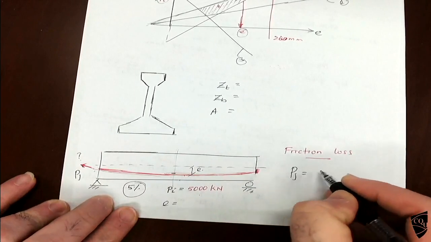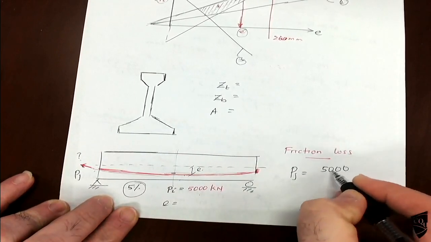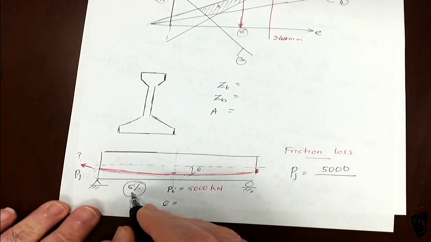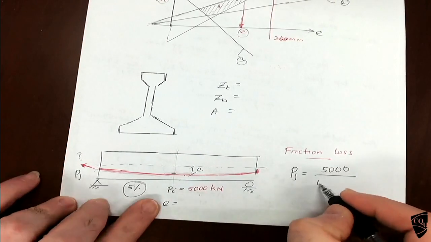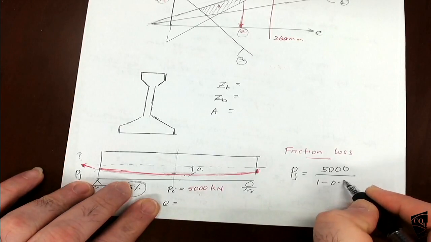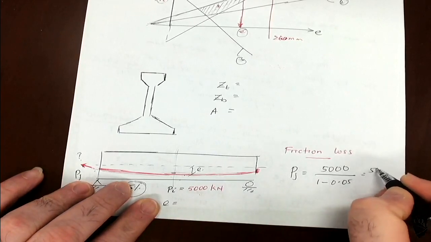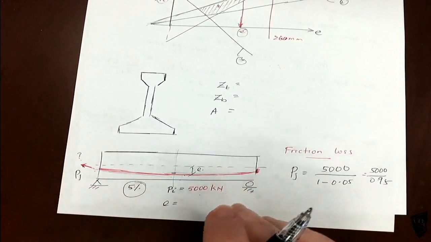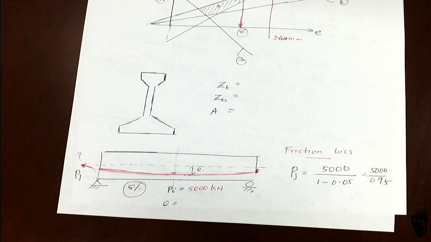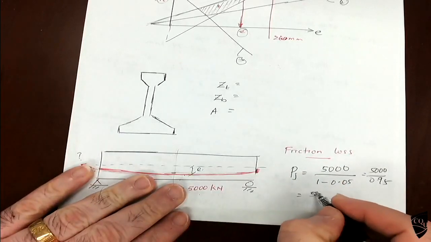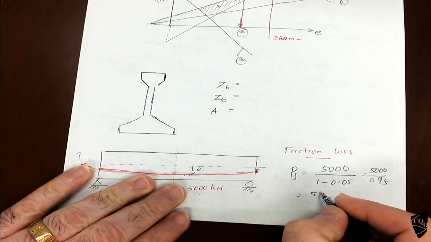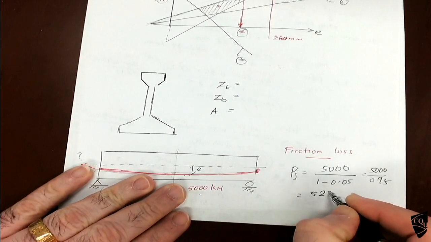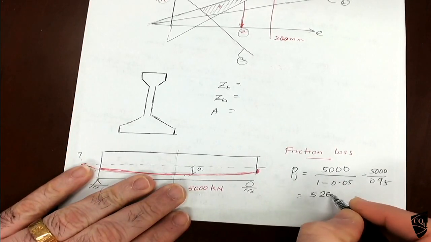Pj is equal to 5000 divided by, if the loss is 5%, 1 minus 5%. So 5000 divided by 0.95, which is 5263.